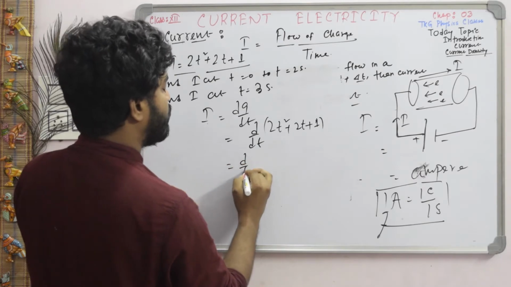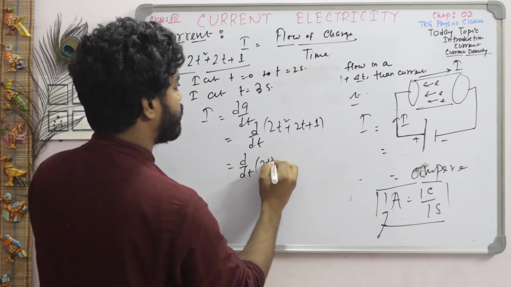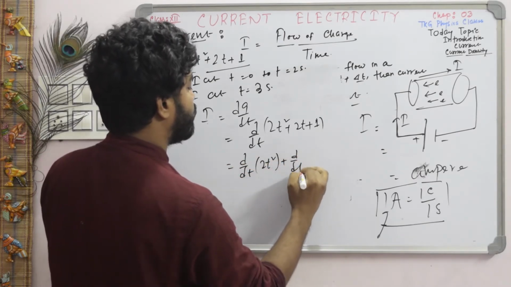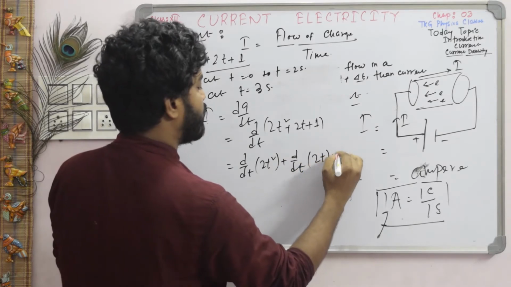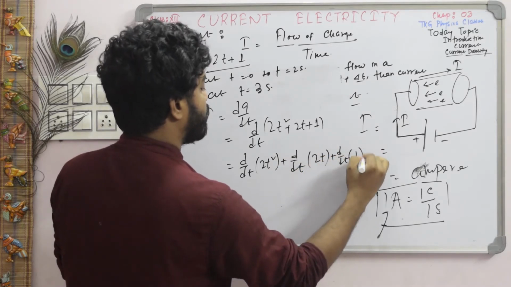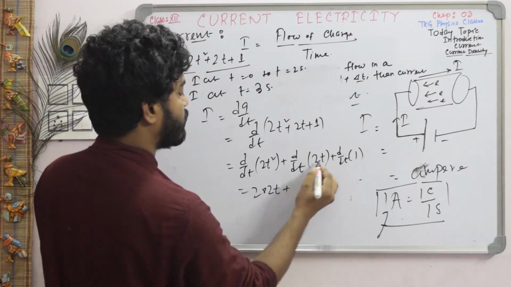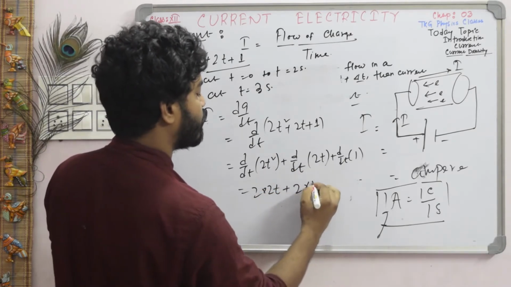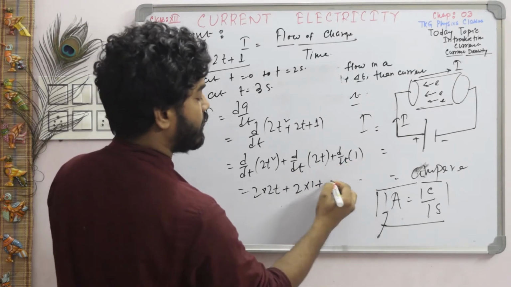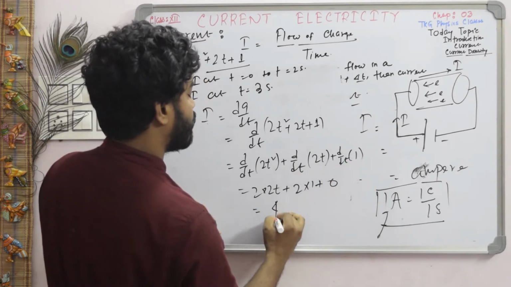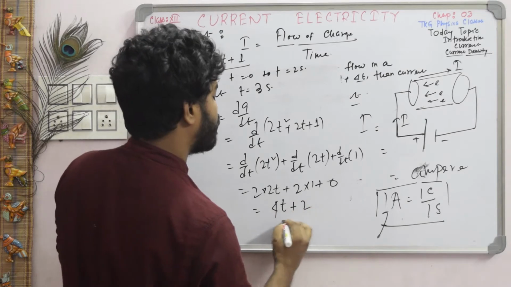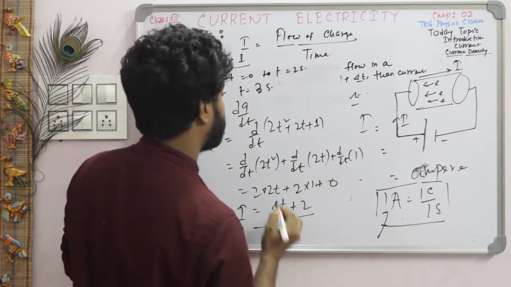So, d/dt of 2t square plus d/dt of 2t plus d/dt of 1. So, 2 outside, this one is 2t, plus 2 d/dt of t, that is 1, plus d/dt of 1, that is constant, differentiation 0. So, this one becomes 4t plus 2. So, this is the value of current.